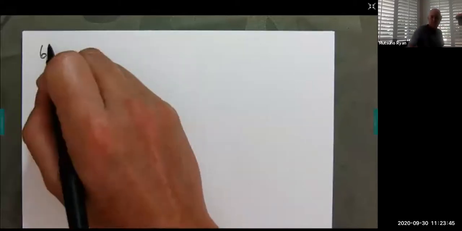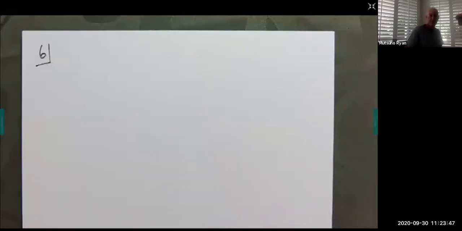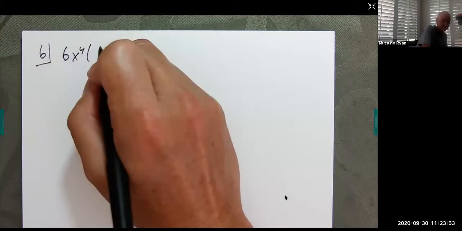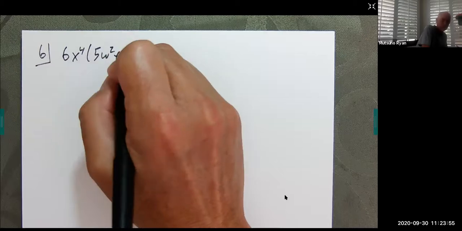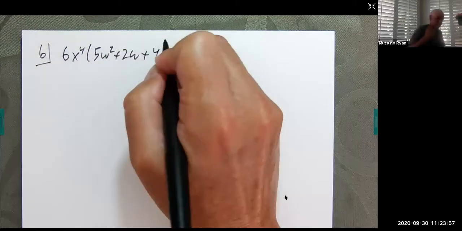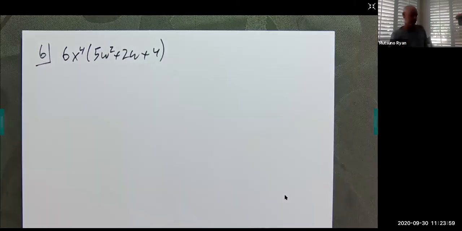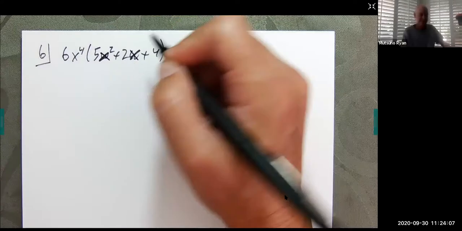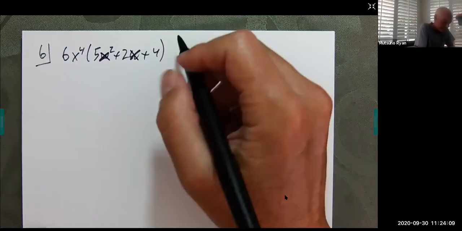Number 6. And here we're going to apply the distributive property. And remember, when you multiply bases, these should all be x's. I don't know where I'm getting w from. Getting old.